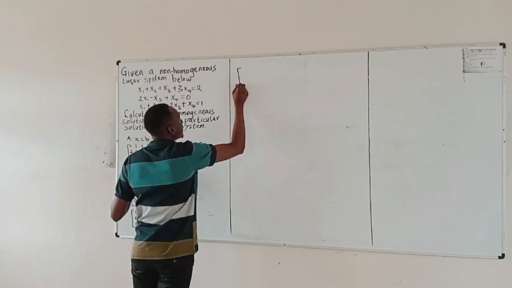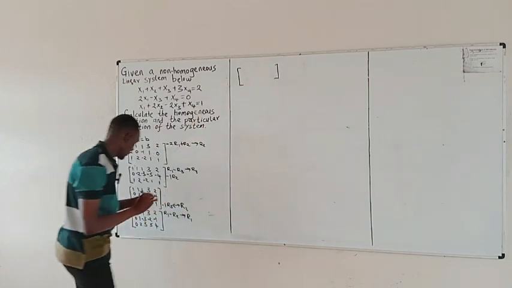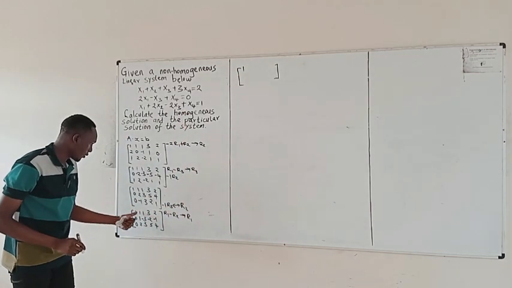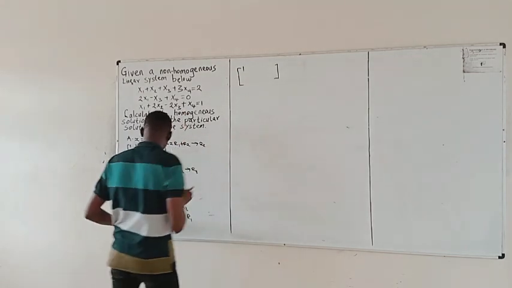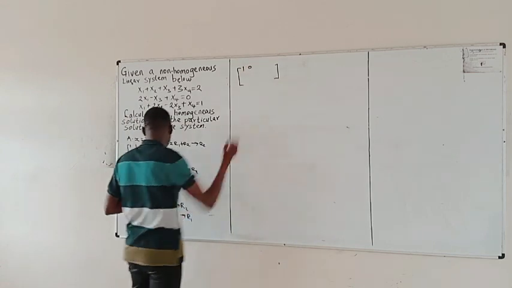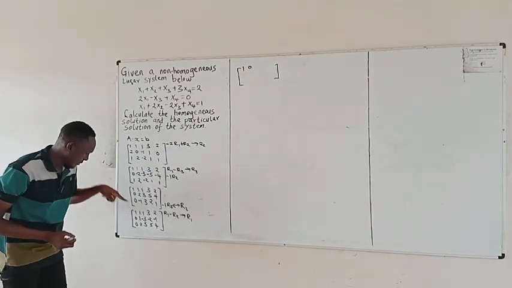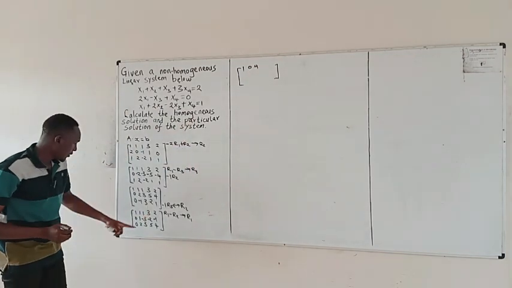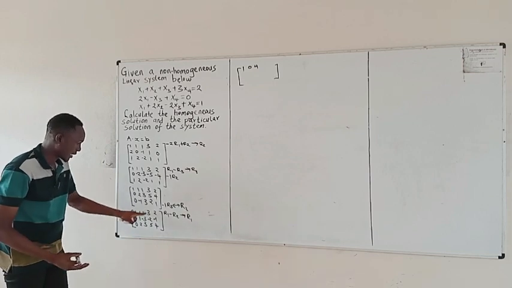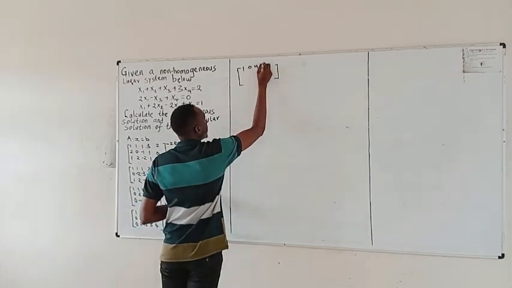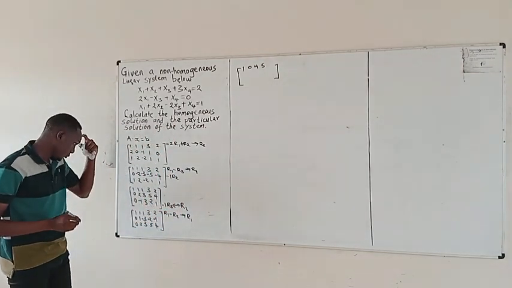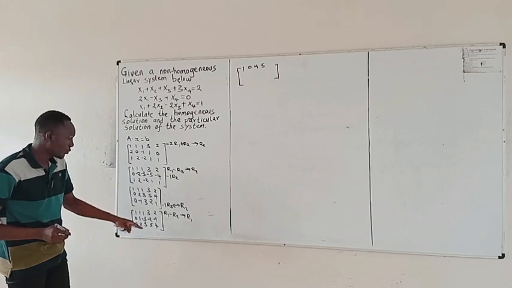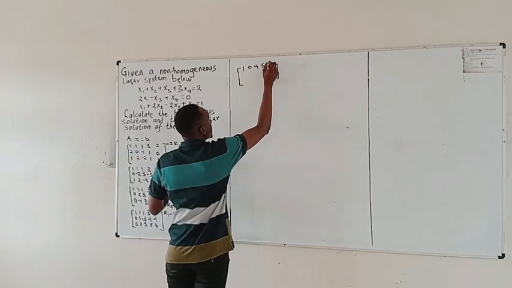Now our new row 1: 1 minus 1 is 0. 1 minus 0 is 1. 1 minus 1 is 0. Then 1 minus minus 3, that is 1 plus 3, 4. Then 3 minus minus 2, that is 3 plus 2, 5. Then 2 minus minus 1, that is 2 plus 1, which is 3.